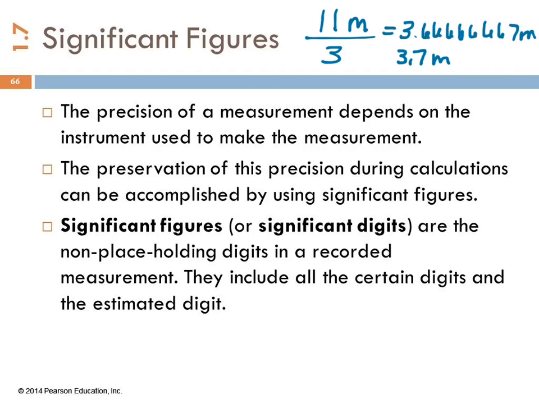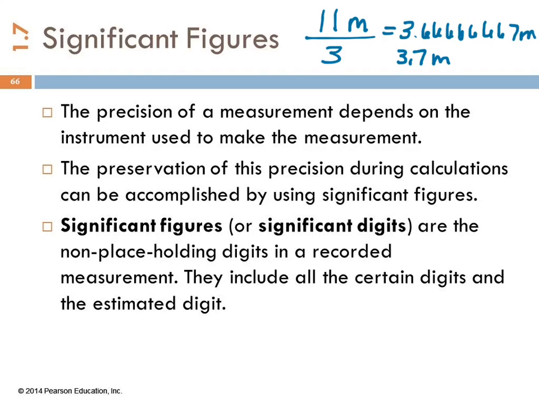So when we talk about a significant figure, I sometimes call them sig figs, because significant figure is really long to write, and there's too many syllables to say. They're also sometimes called significant digits. Those include all the certain digits in the number and the first uncertain.